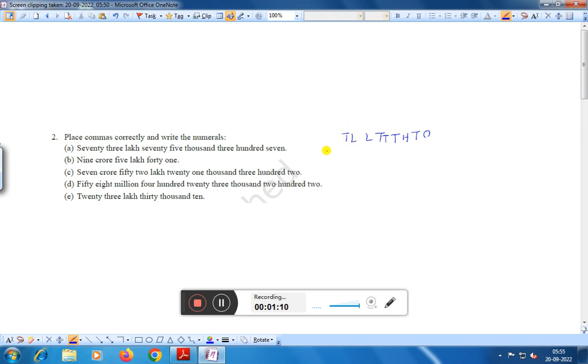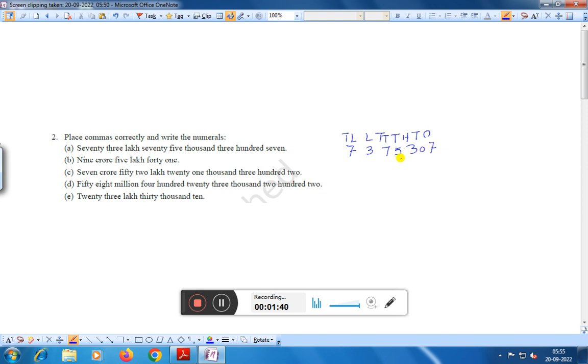Now this is 73 lakh, 75,307. That means 73 lakh, 75,307, that is 307, right?